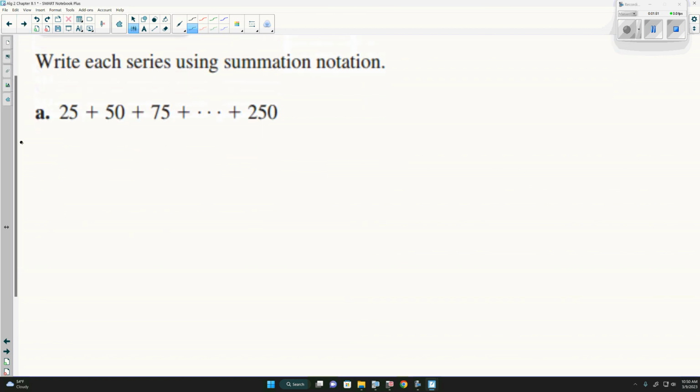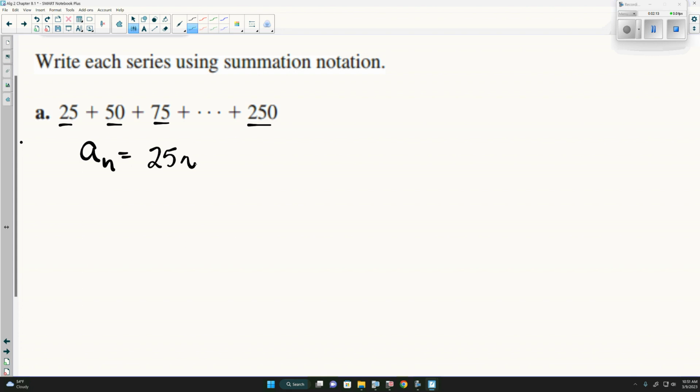Now, looking at this here, the first thing we need is our rule. Now we're going 25, 50, 75, all the way up to 250. Now the rule for this here is going to be 25n. As for our first term, 25 times 1 would be 25.